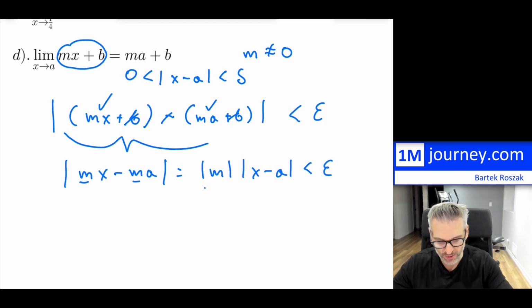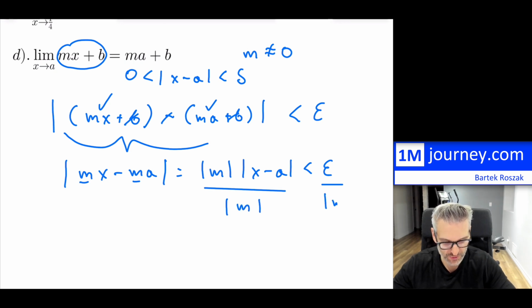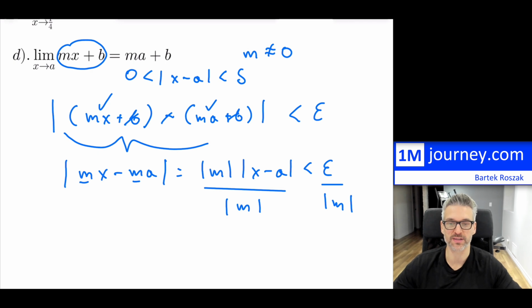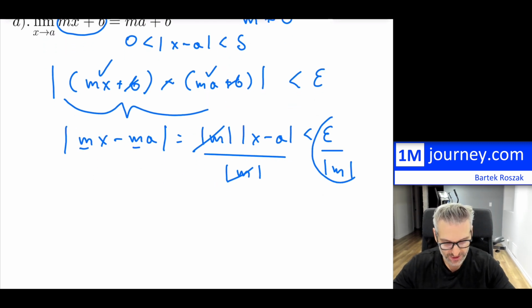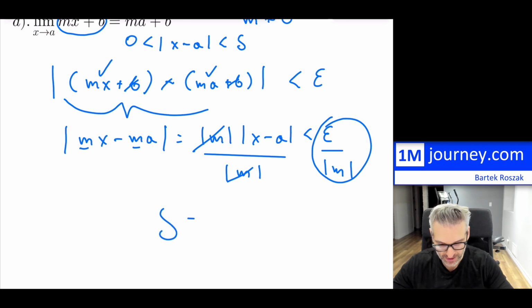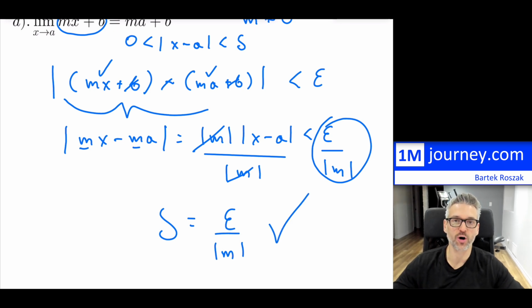So now what I will do is divide both sides by the slope, and you do have to put it in absolute values, because the slope is not always positive. It could be negative, right? So just keep it in absolute values so that this cancels out. And then here is your delta. Your delta is equal to epsilon over this, and that will be true for all linear functions.